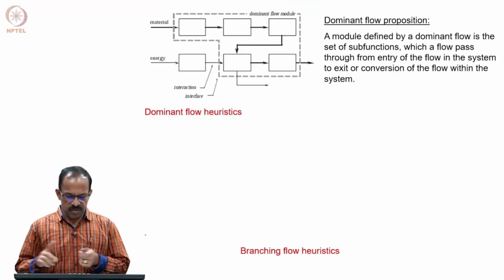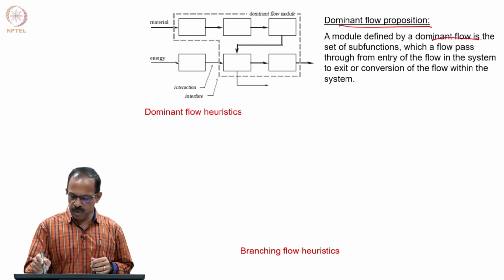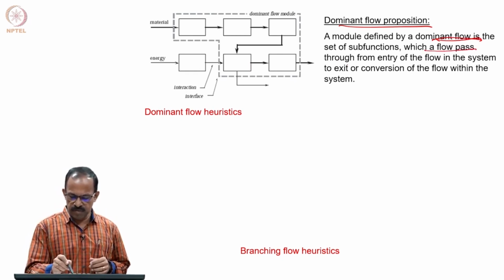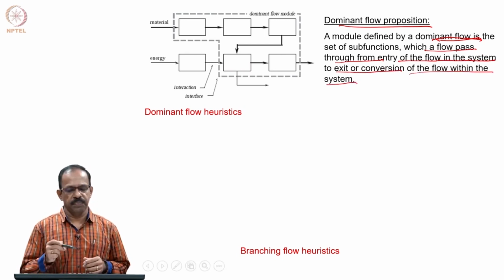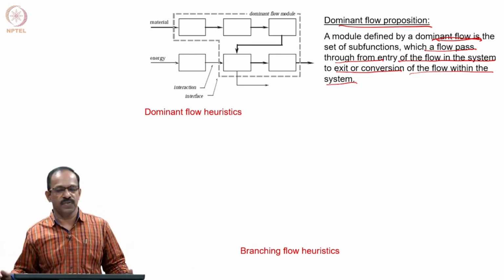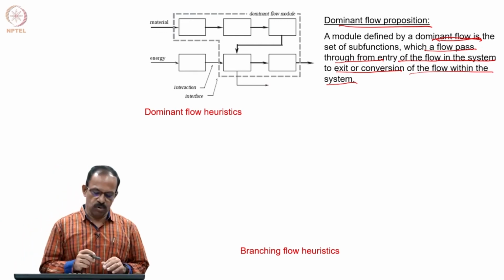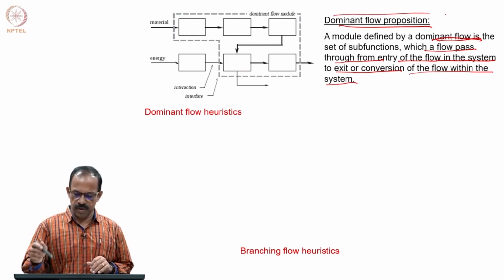Okay, so this is what I already explained. The dominant flow is defined by a set of sub functions which a flow passes through from entry of the flow in the system to exit, or conversion of the flow within the system. Till the flow comes out of the product or gets converted to some other flow, all those functions which will be part of that is known as the dominant flow proposition.